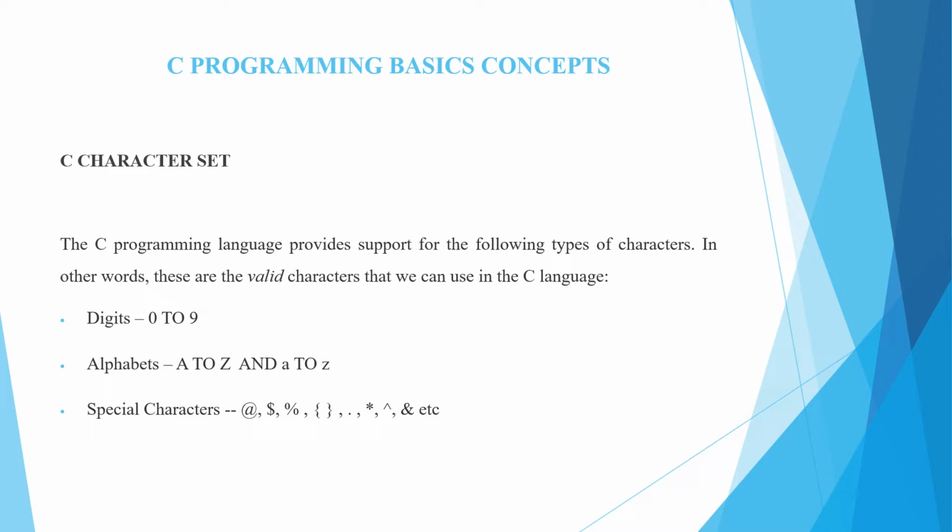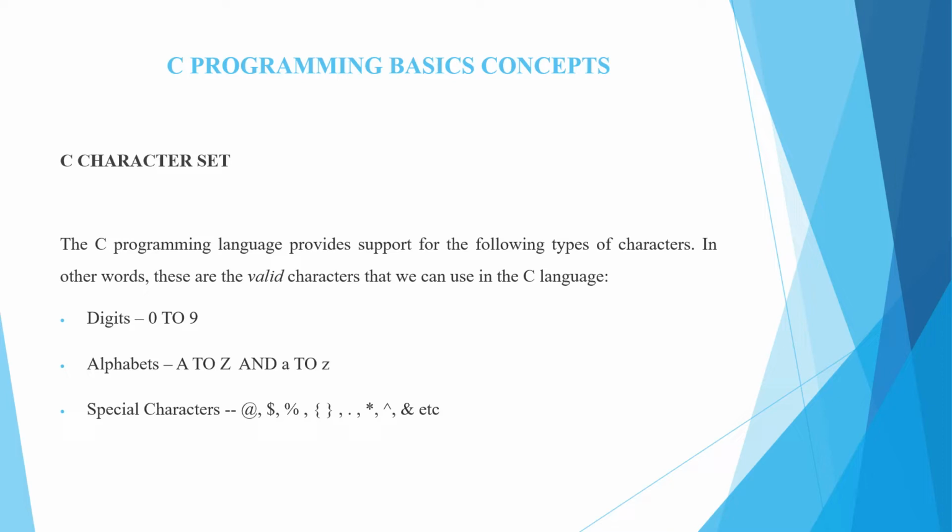The C character set. What is a character set? The C programming language provides support for the following types of characters: digits, alphabets, and special characters.